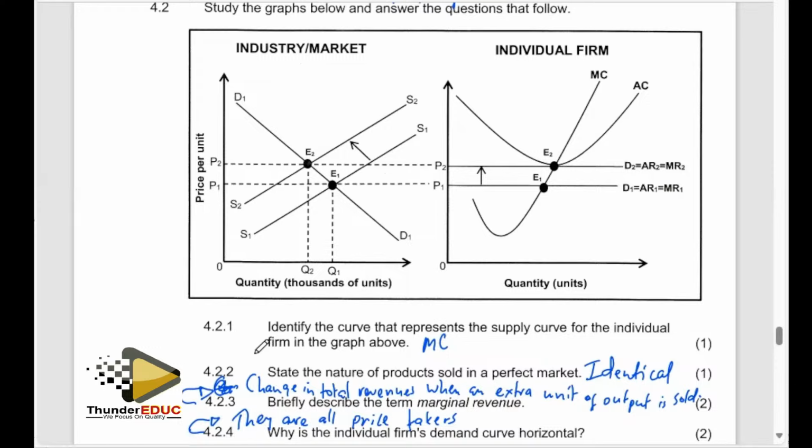So in the long run, businesses are producing at lowest possible average cost. Okay, right?